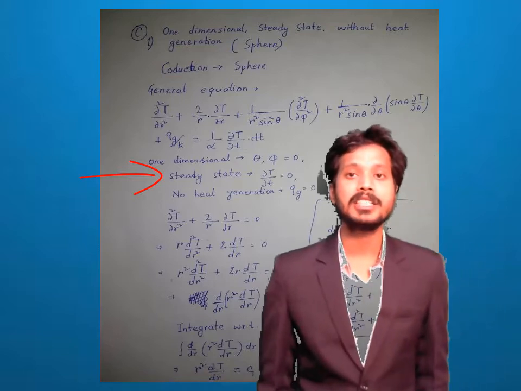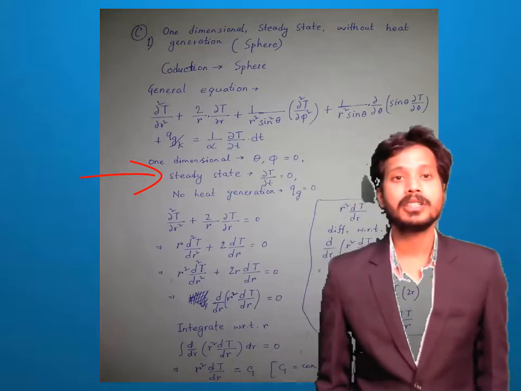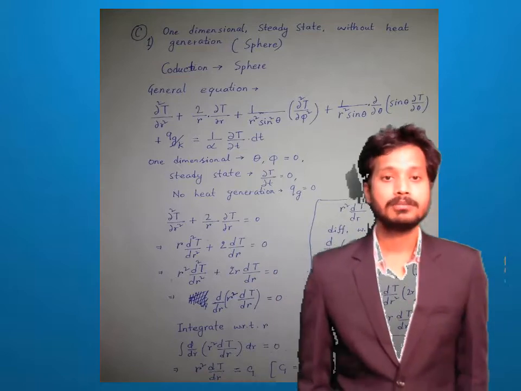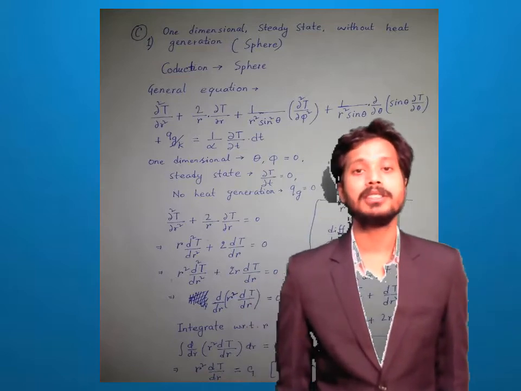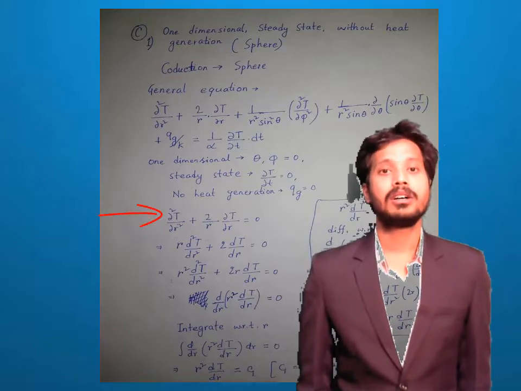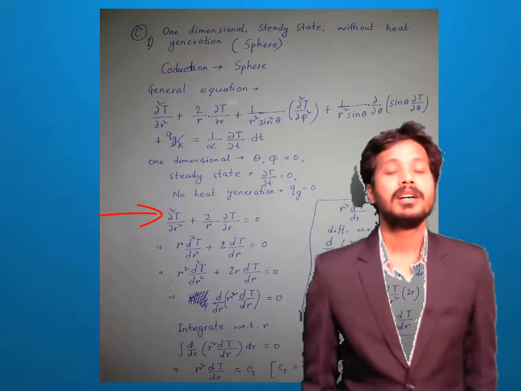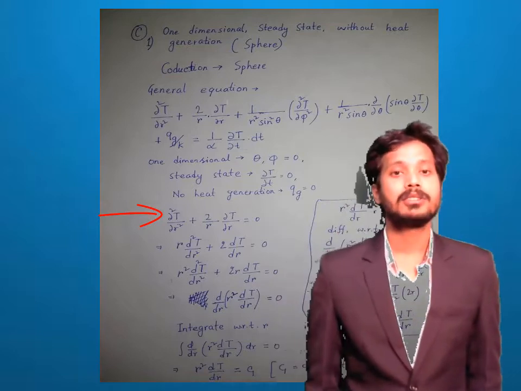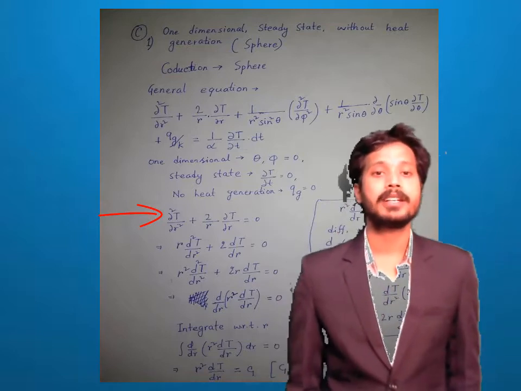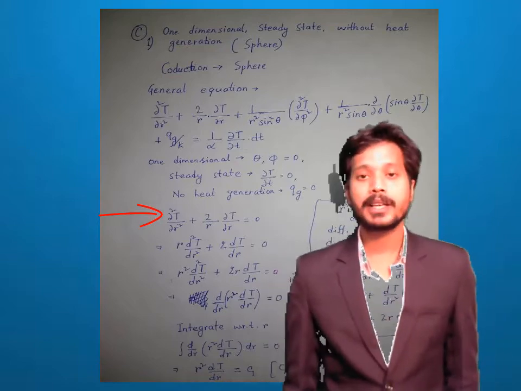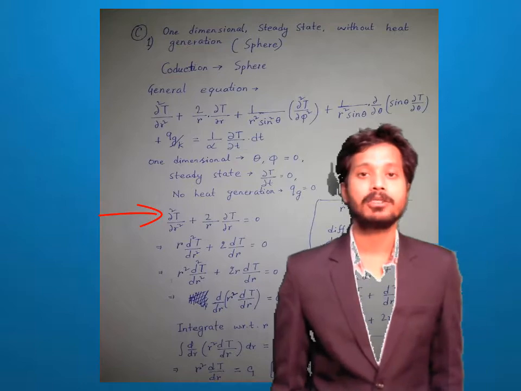The last condition is without heat generation, so the Qg value will be zero. Considering all these conditions, the final equation we get is del 2 T by del R2 plus 2 by R into del T by del R equals 0.